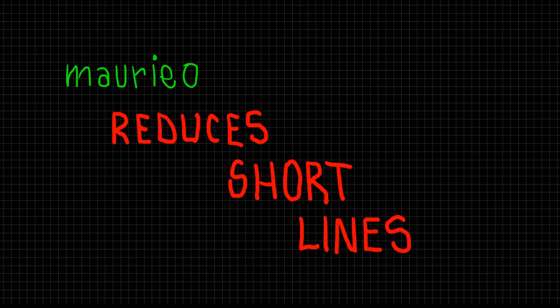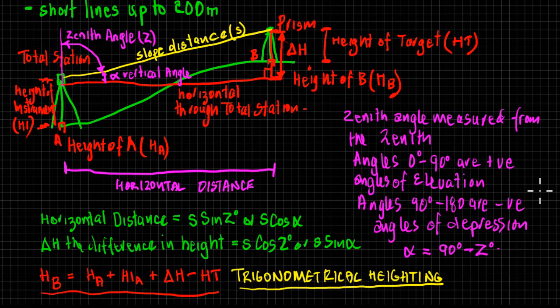Hello, Maurieo! In this video I'm going to look at reducing short measured lines for both height differences and horizontal distance. Generally with short lines, let's say up to 200 meters, there is no need to be too concerned about some of the corrections that we have to apply, as we can just pretty much deal with the situation as it occurs.